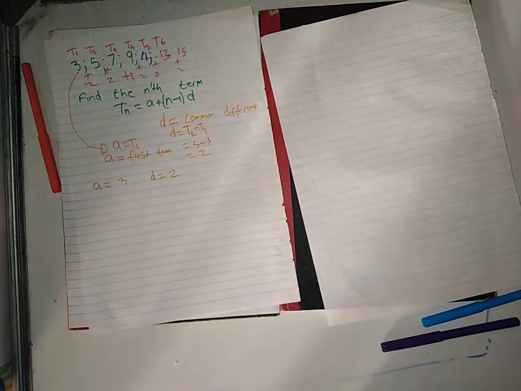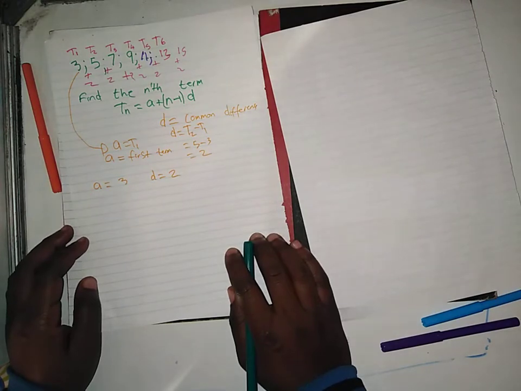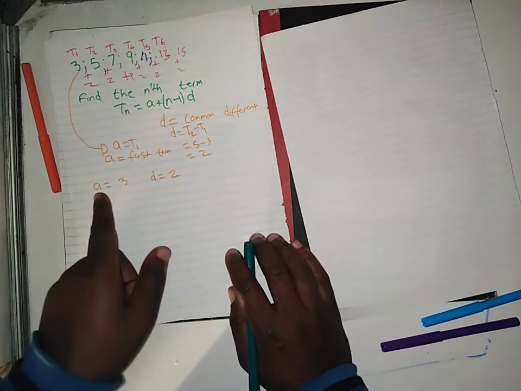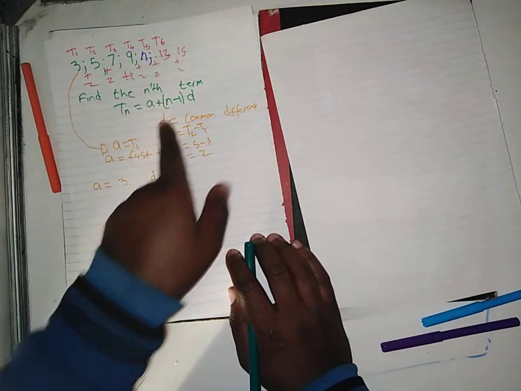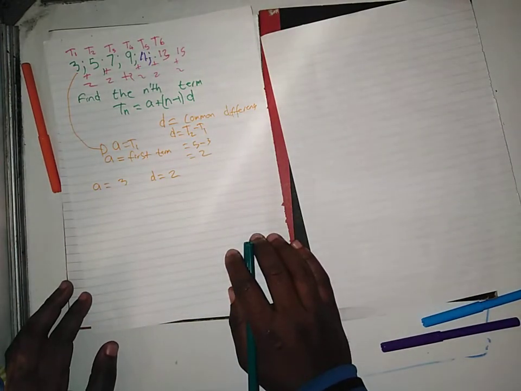Okay, so basically, ladies and gentlemen, when you are talking about a linear pattern, you are talking about a pattern that is in the form of Tn is equal to A plus (n minus 1)D, where A is the first term, and D is the common difference.